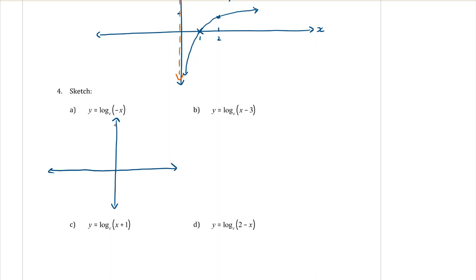So let's draw that in there. Vertical asymptote is still at x equals 0. The intercept before was at x equals 1, so when I reflect it across, it's going to be at -1 for my intercept.